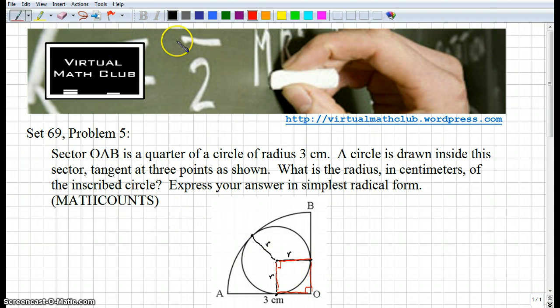So really the key to this one is to figure out the diagonal of the square. Now we could draw our diagonal across here, or actually what would be even better would be to draw the diagonal here, because if we know the length of the diagonal and then we add r to it, it's going to be the radius of this quarter circle.